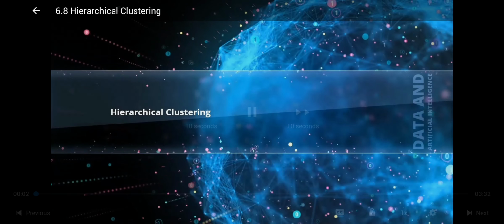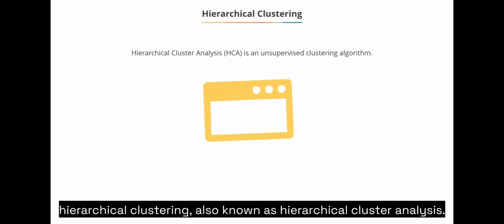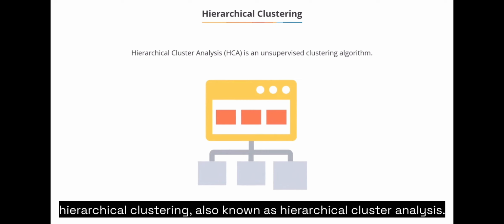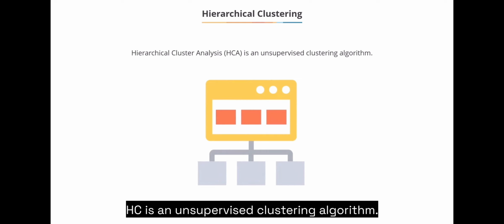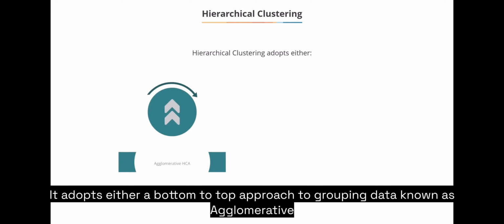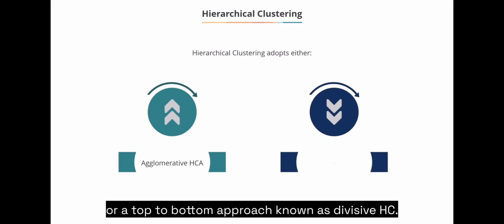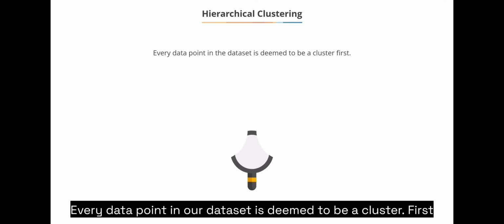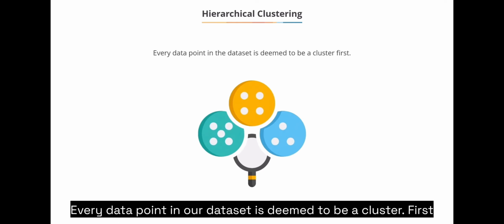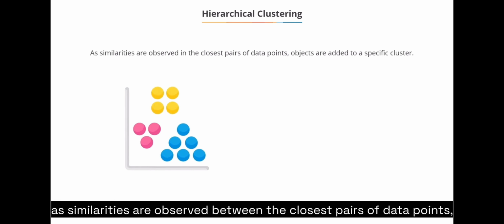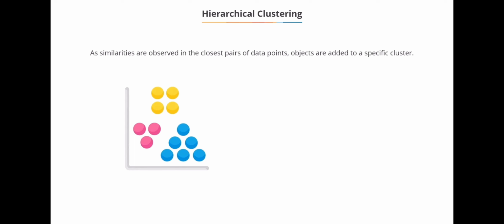Hierarchical clustering. Hierarchical clustering, also known as hierarchical cluster analysis, HCA, is an unsupervised clustering algorithm. It adopts either a bottom-to-top approach to grouping data, known as agglomerative HCA, or a top-to-bottom approach, known as divisive HCA. Every data point in our dataset is deemed to be a cluster first, as similarities are observed between the closest pairs of data points.